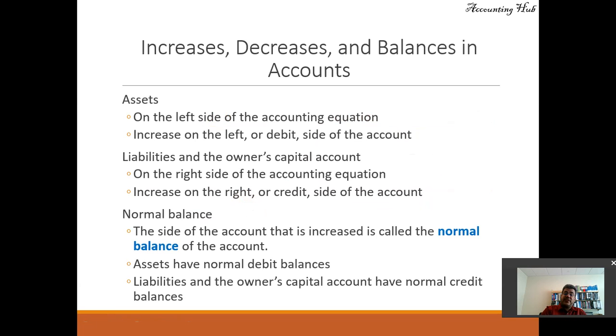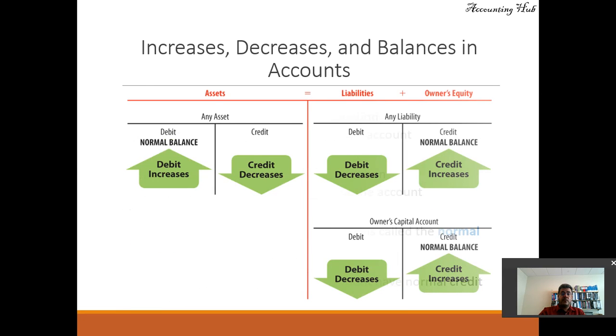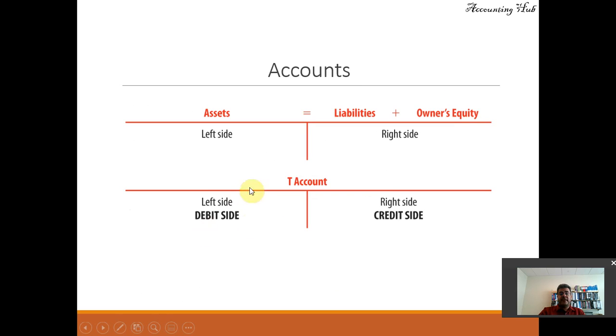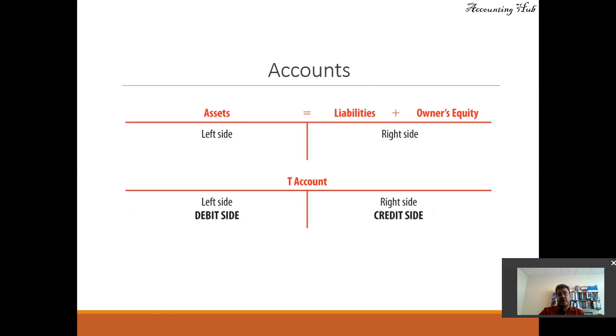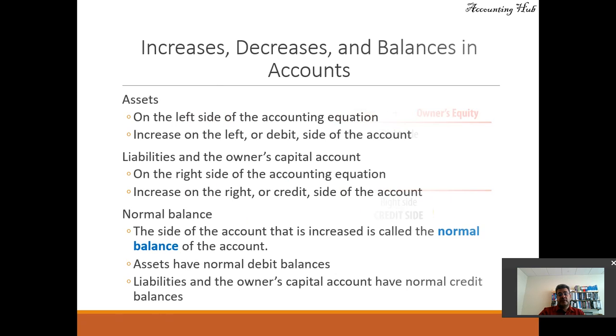The side of the account that is increased is called the normal balance. So, normal balance of assets, left or debit. Normal balance of liability and owner's equity, right side or credit side. So assets have a normal debit balance, liability have a normal credit balance, and the other side we call the contra balance.